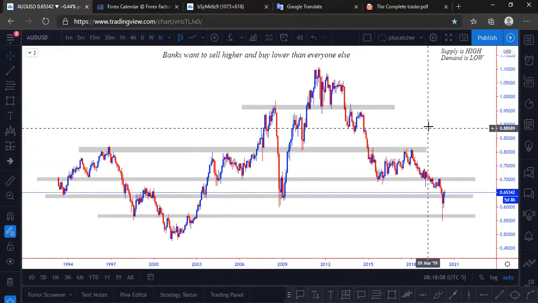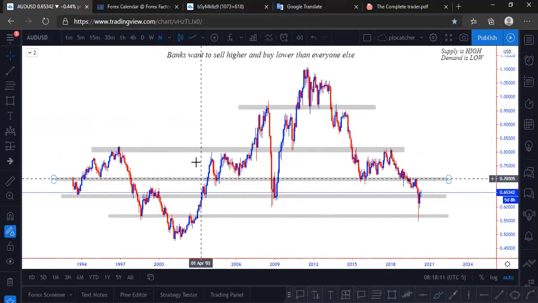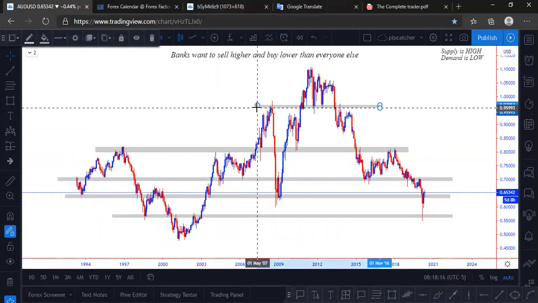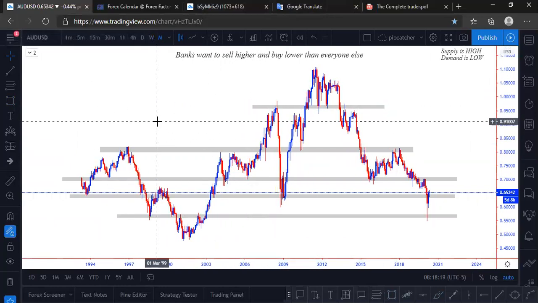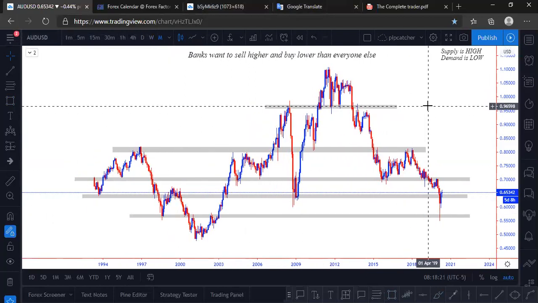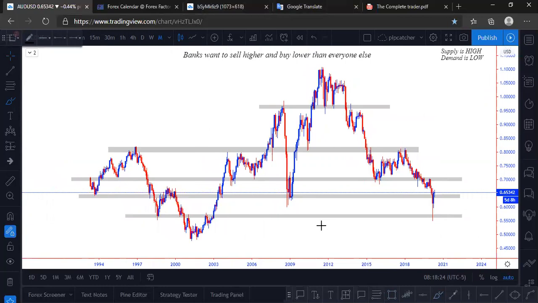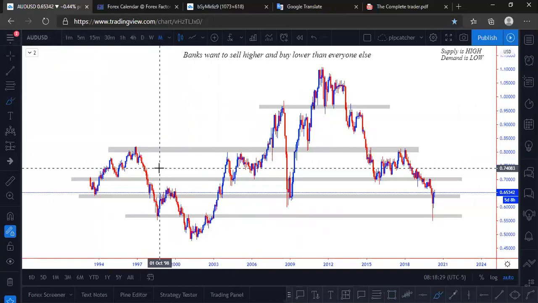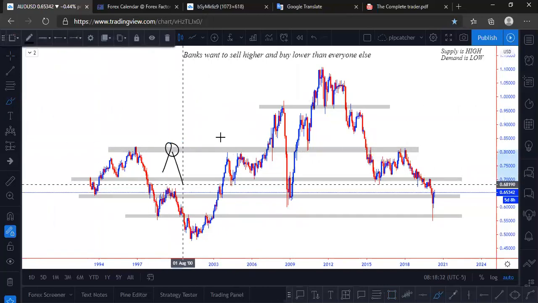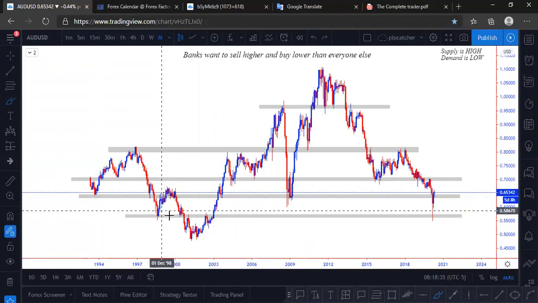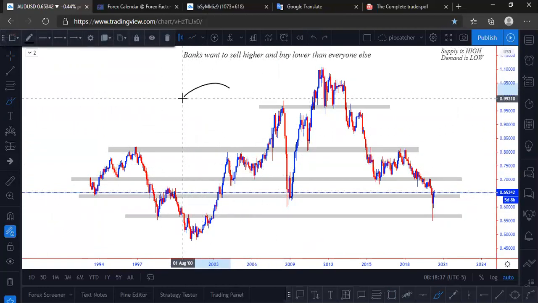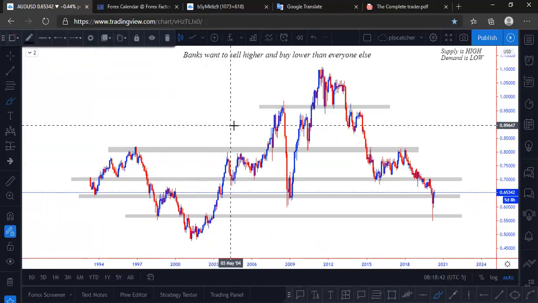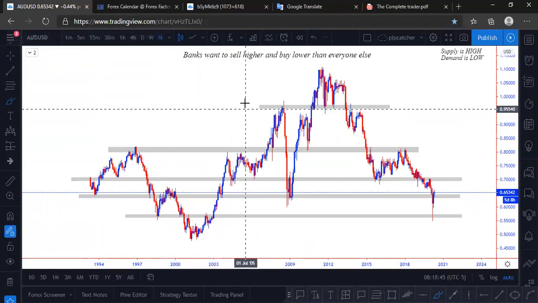You can see from historical zones, from zones that were made in the past, whether the zone was broken or it came back to a certain area and rejected from that zone. Zones from the past play a big part for key areas, for key zones in the future.